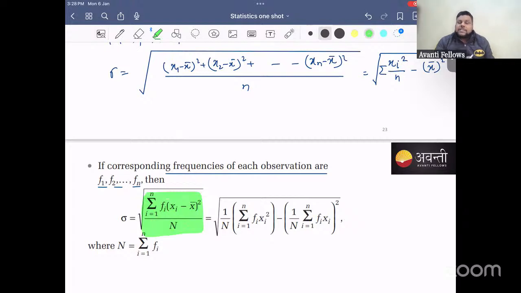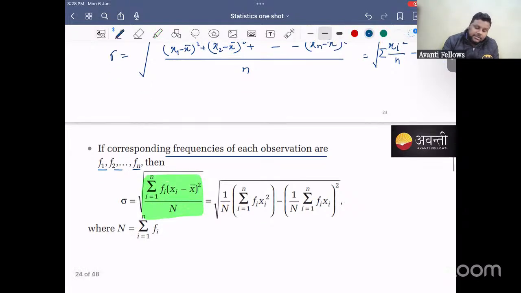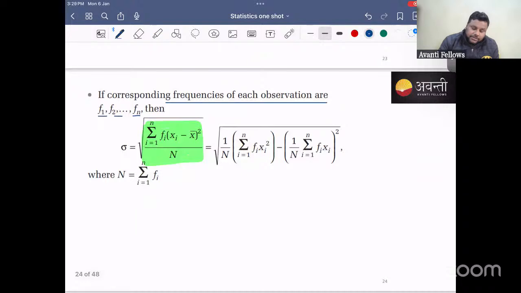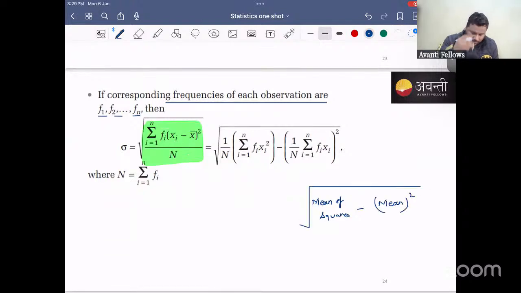But the best thing that I remember is the mean of squares minus the square of the mean, and under root of this. So it is the mean of squares minus the square of the mean, under root.